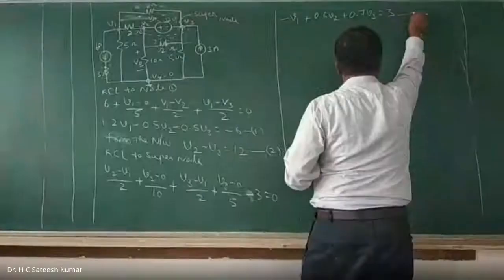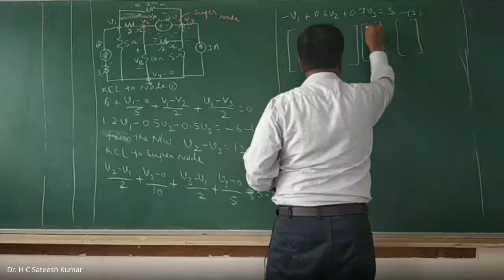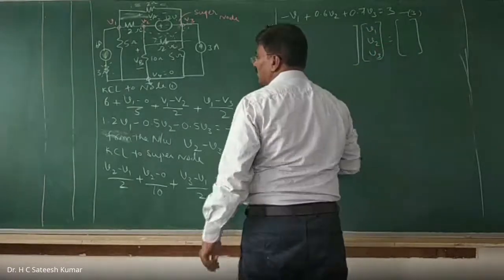So we get V1, V2, and V3. V1 coefficients are what?